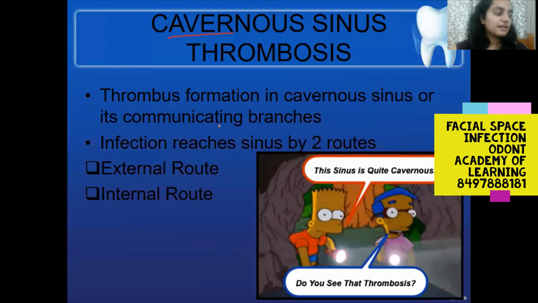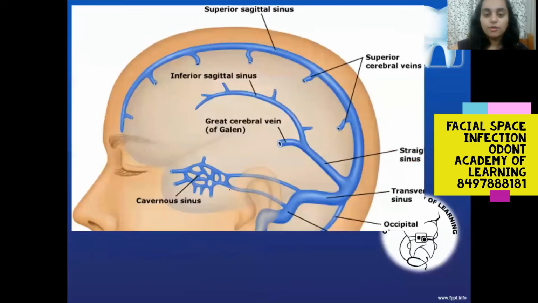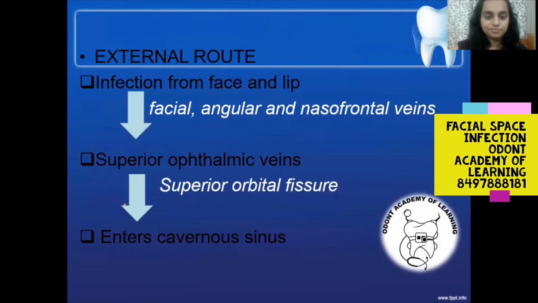Okay, cavernous sinus thrombosis is nothing but thrombus formation, which is a clot formation in the cavernous sinus or in the branches of the cavernous sinus. Now, this infection spreads via two routes. Okay, so this is a picture which just shows the close proximity of the cavernous sinus to the facial space.